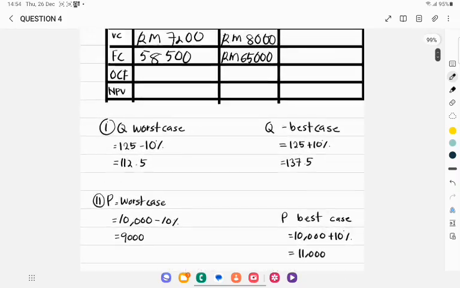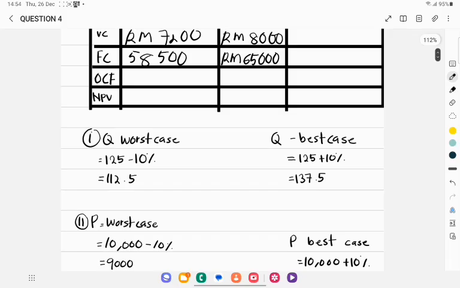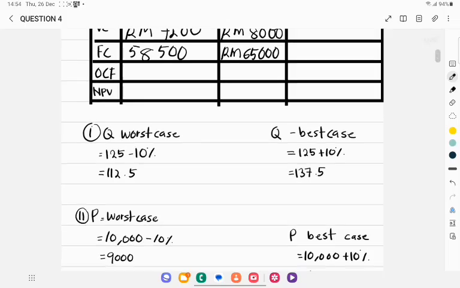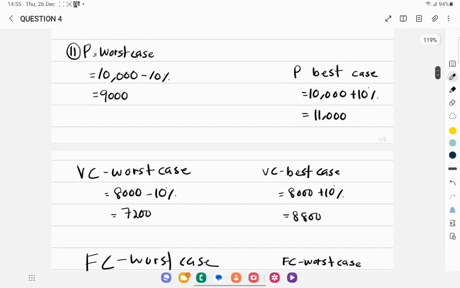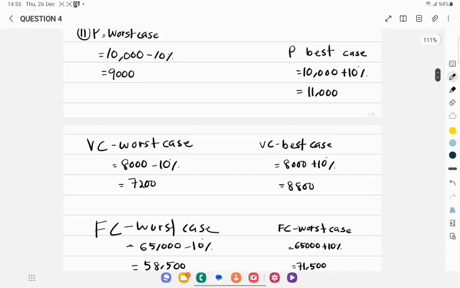Okay, next we are going to calculate the quantity for the best case. So the next, 125 plus 10%, we got 137.5. For the price, we got 11,000 ringgit with the formula 10,000 plus 10%, and variable cost 8,000 plus 10%, we got 8,800.